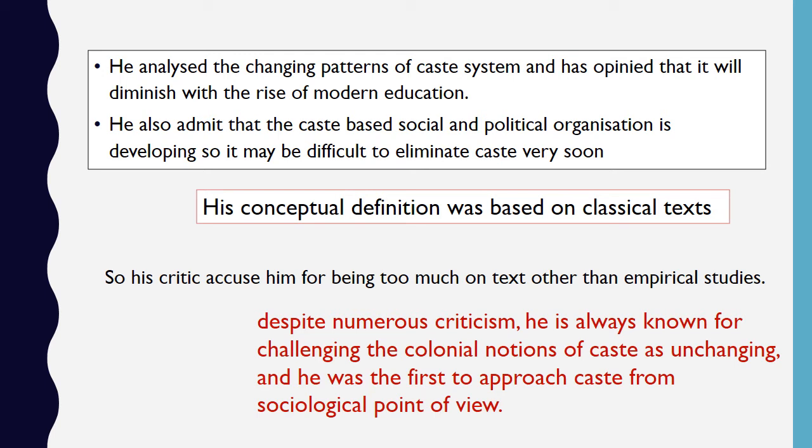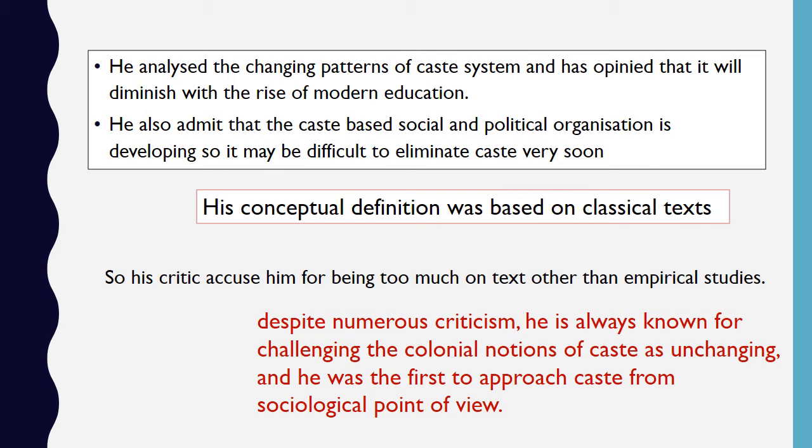His critics accuse him of relying too much on text, because all the information and explanation that I am giving you about Ghurye is what he collected from texts. Texts means previous writings from religion, from the various Vedic texts, or from ancient books by Indian and foreign writers.